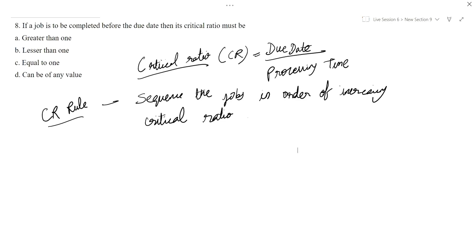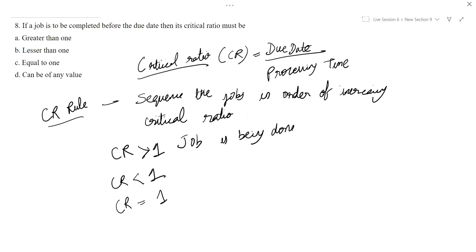Now if a critical ratio is greater than 1, it indicates the job is being done ahead of the due date. Critical ratio less than 1, critical ratio equal to 1. So greater than 1, job is being done ahead of due date.